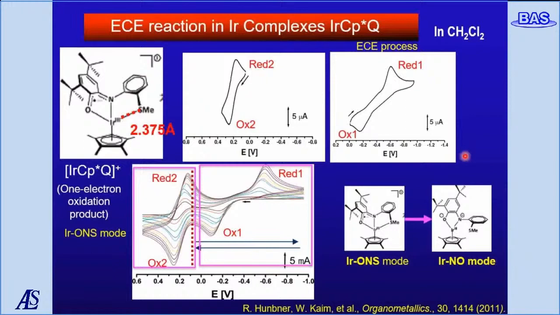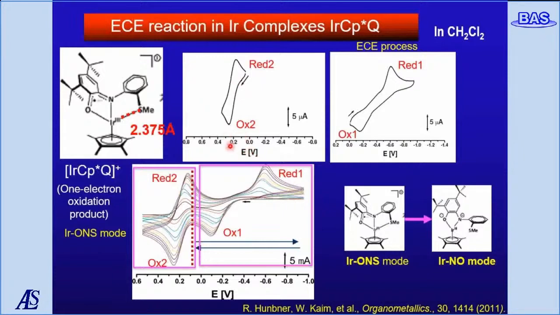Surprisingly, the X-ray structure of the isolated one-electron oxidized complex, iridium Cp*Q+, shows a tridentate ONS coordination mode, and the CV of the isolated oxidized product exhibits reversible oxidation at +0.26 volt.